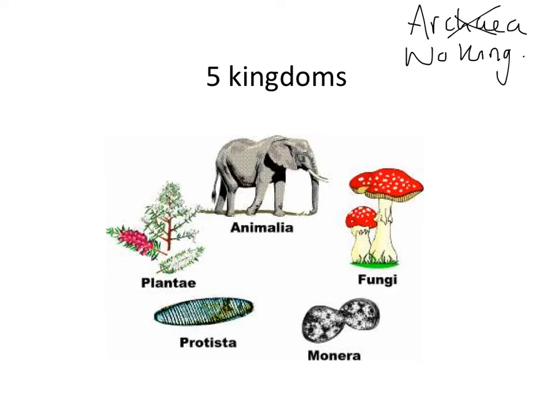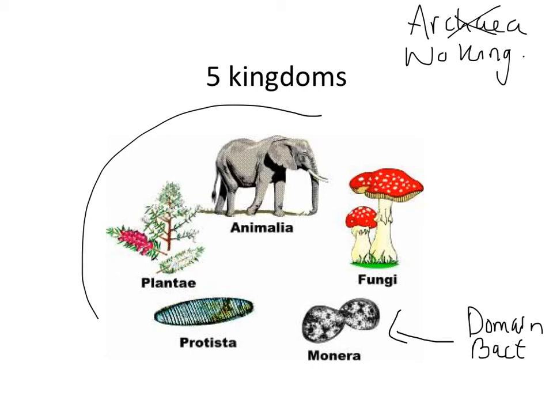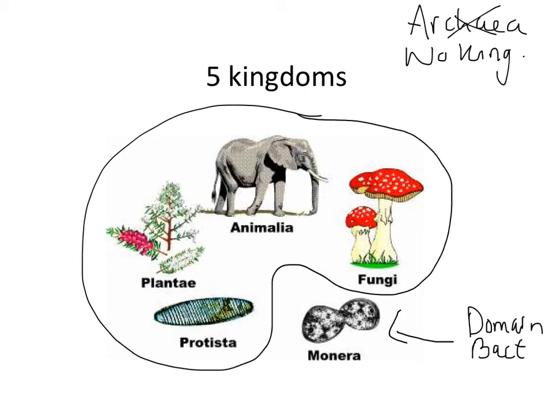But domain Bacteria does have a kingdom, and that has what's called kingdom Monera under that. Again, it's just your typical bacteria, and you can just go from there into phylum, class, order, family, genus, species. But these other four kingdoms, there's 5 kingdoms total, are all found under domain Eukarya.